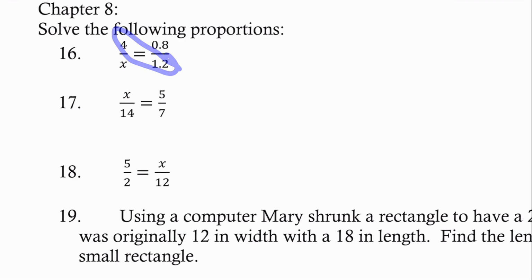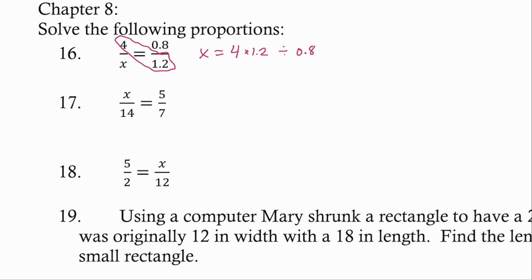So x is just going to be 4 times 1.2 divided by 0.8. We multiply the ones across from each other, and whatever number we didn't use, that's what we divide by.